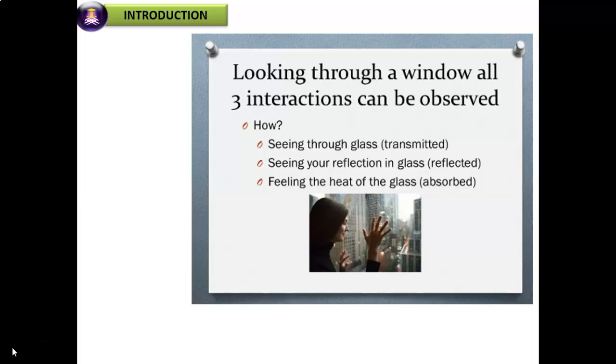When this happens, light energy is not lost and can be considered 100% transmitted. So optical surfaces are coated with various materials to reduce reflection losses. For example, the glasses you wear. So it is transmitted.